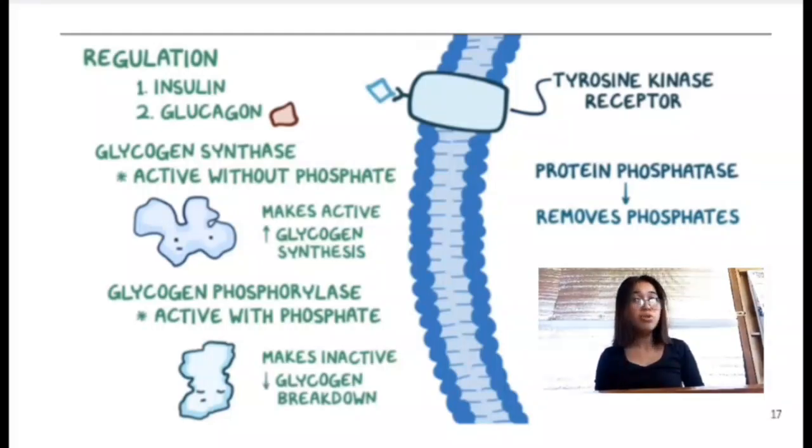It also adds phosphate to glycogen synthase, decreasing its activity and therefore decreasing glycogen synthesis.